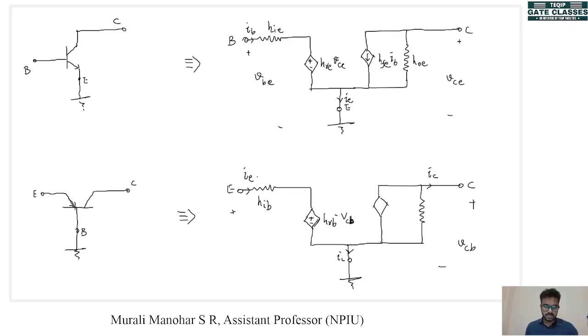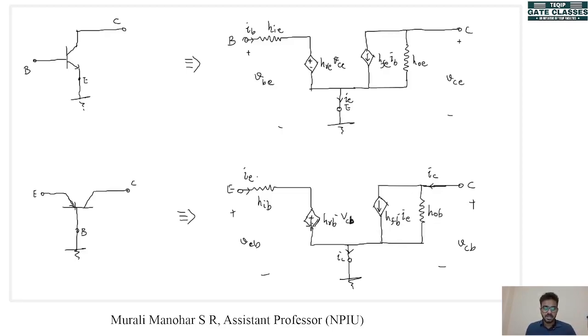Here the input is VEB, output is VCB, and now this current is HFB into IE, but we know that the actual direction of current is this one. So let's say this is also flowing in this direction. That means HFB has to be negative. That we'll see later. And this is HOB.